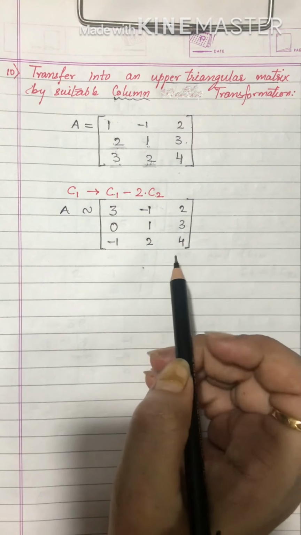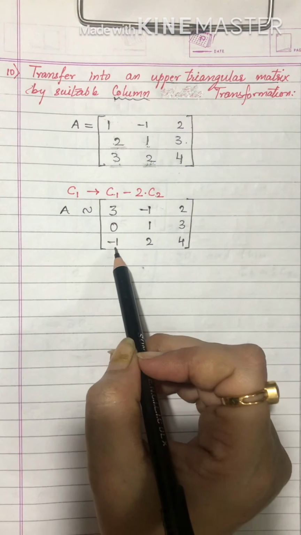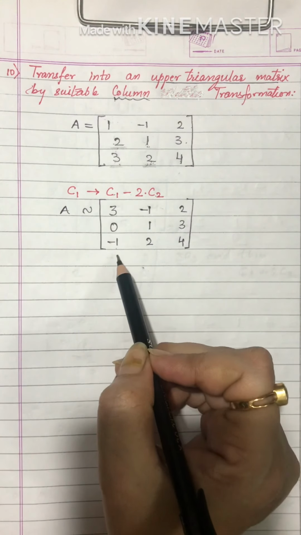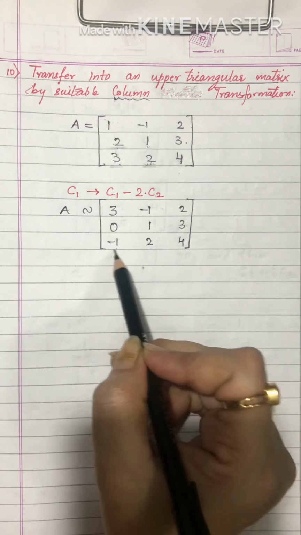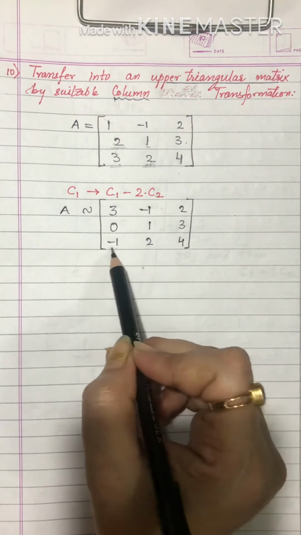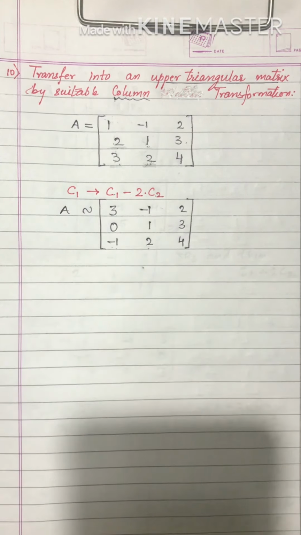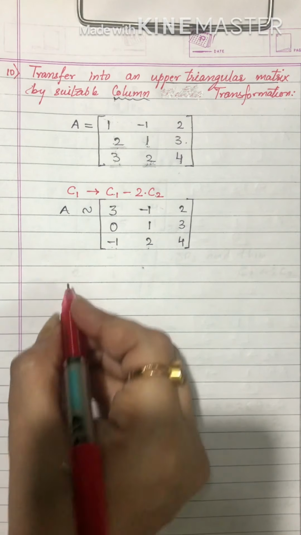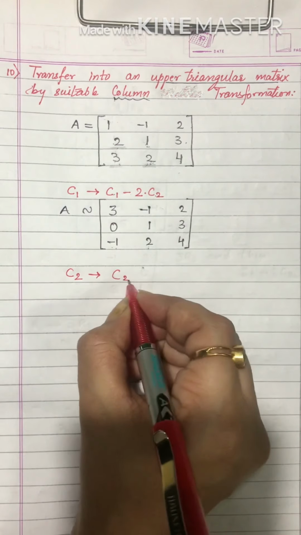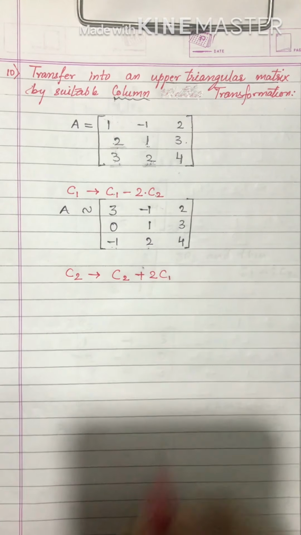Now let's check what we can do for minus 1, how to convert this into 0. I see this is easier using C1, so let's try it out for 2. In C2 I will carry out C2 plus 2 C1.